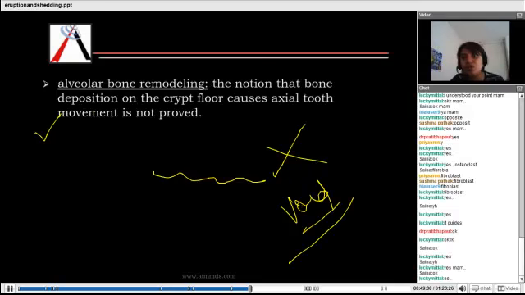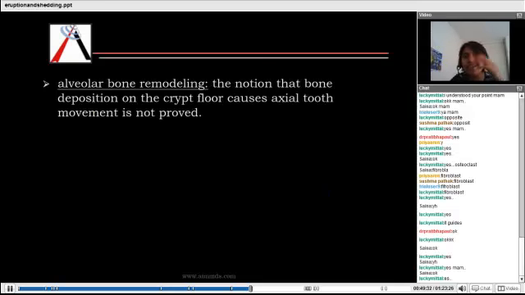So let's move on to the next thing. Next thing is alveolar bone remodeling. This alveolar bone remodeling says that when the tooth is there, there is bone deposition taking place at the lower side of the tooth, and because of the bone deposition, the tooth is pushed upward.